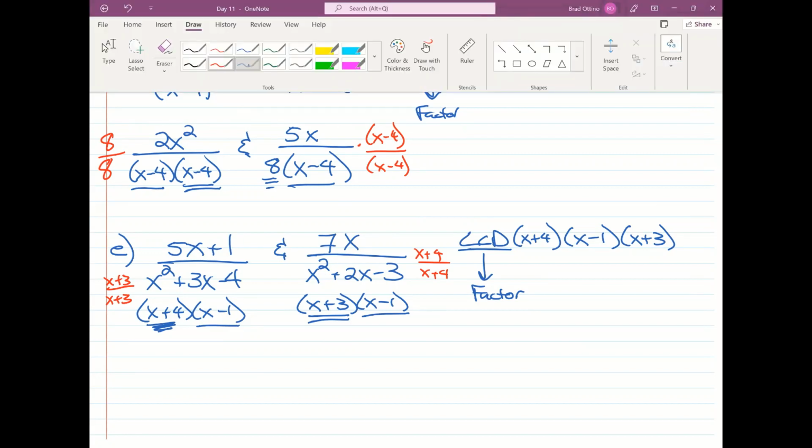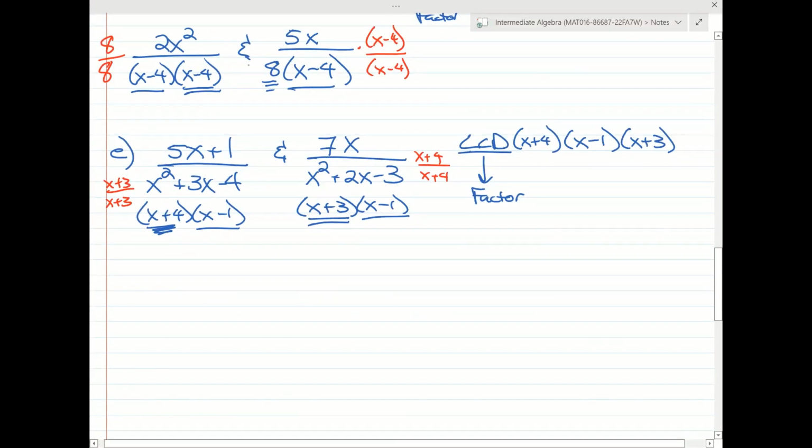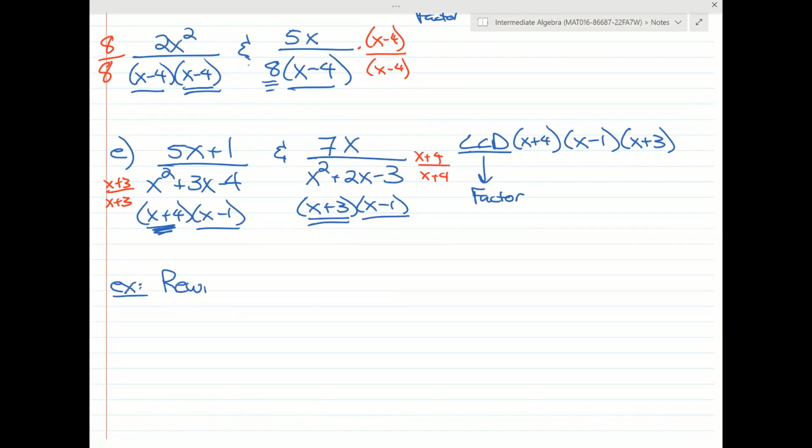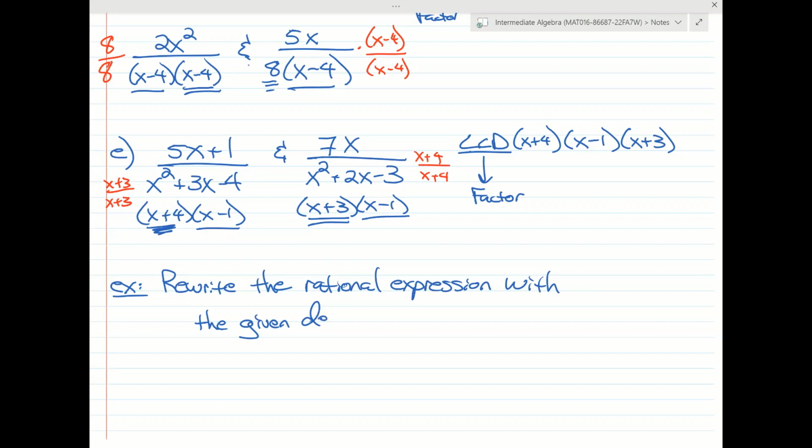And the last type of example for this section, I'm just going to ask you to rewrite the rational expression with the given denominator.